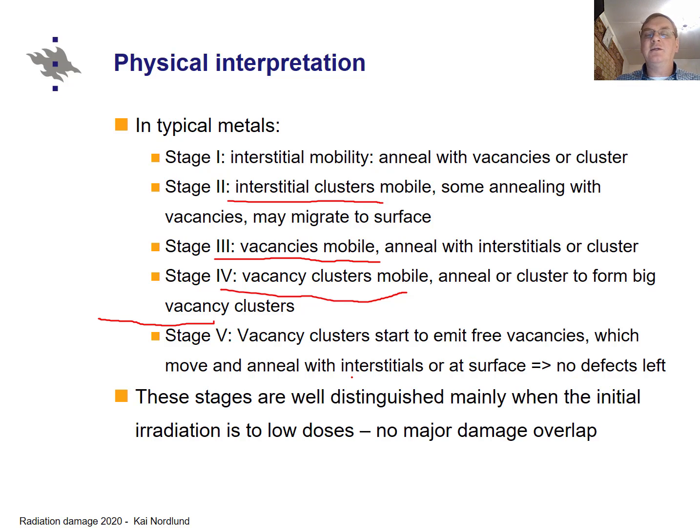Well, there shouldn't be any interstitial left, but maybe dislocation loops, or anneal at the surface or a grain boundary, and eventually you have no defects left, or at least not any more than large-scale dislocations, which may have been present in the sample already initially.